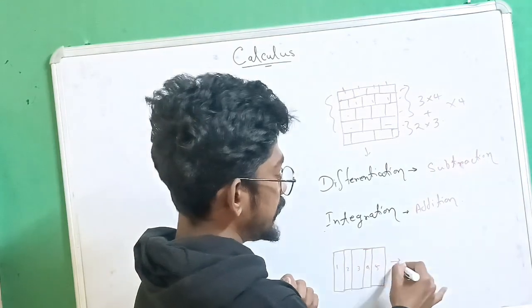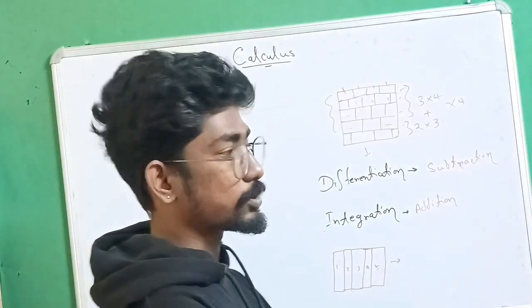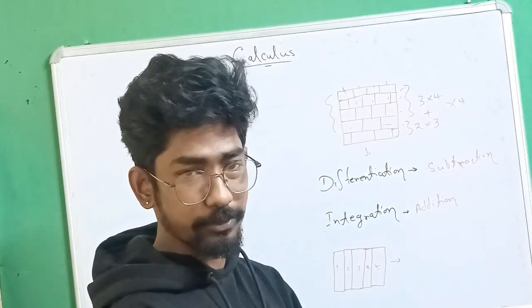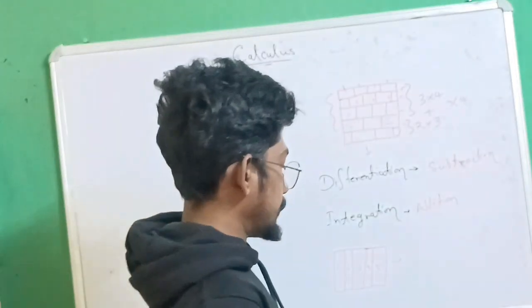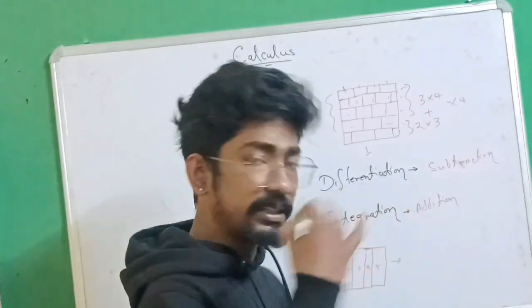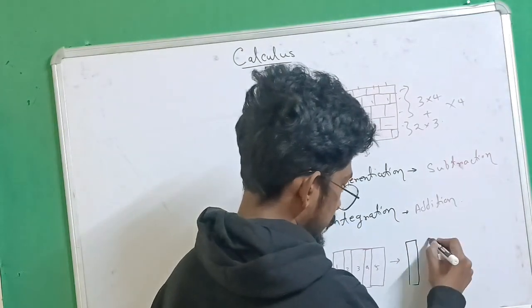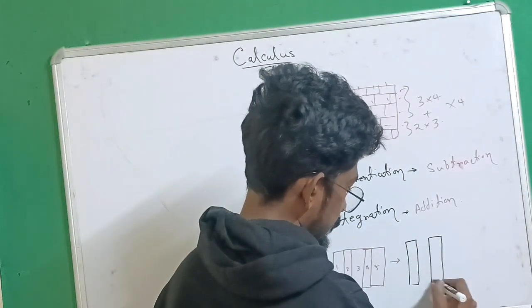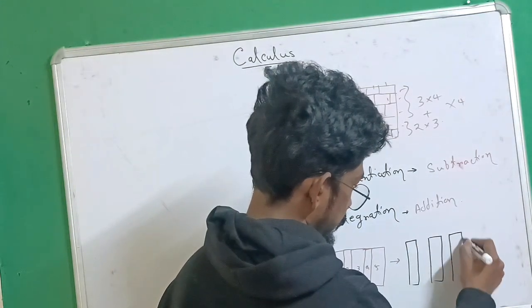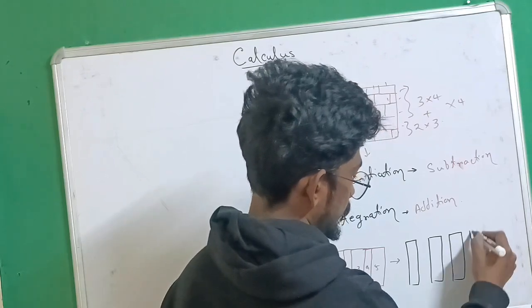Let us consider that each pile has the same square area, or the same volume. Now if I disintegrate it, you will find five different piles of blocks.